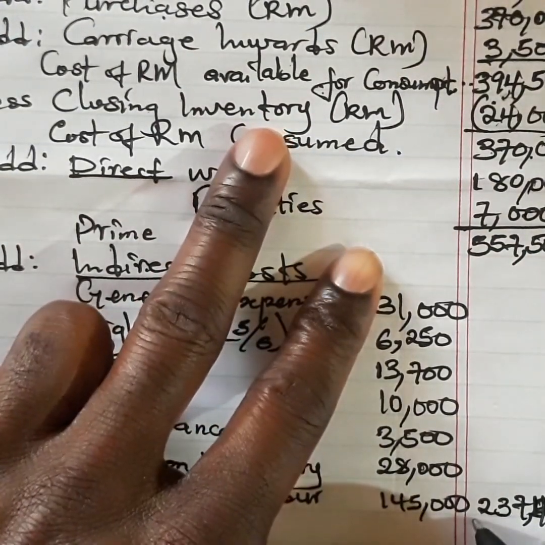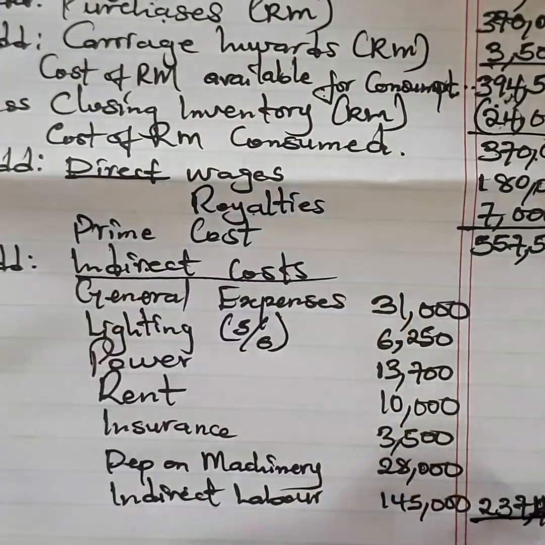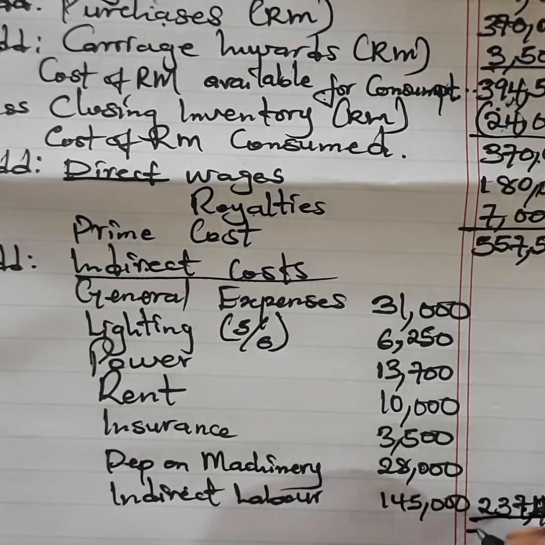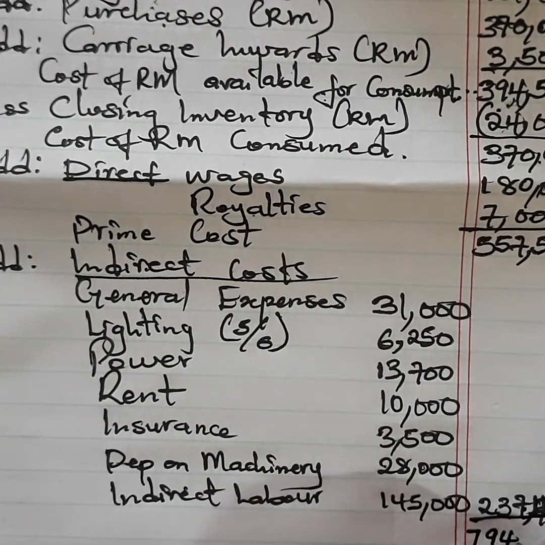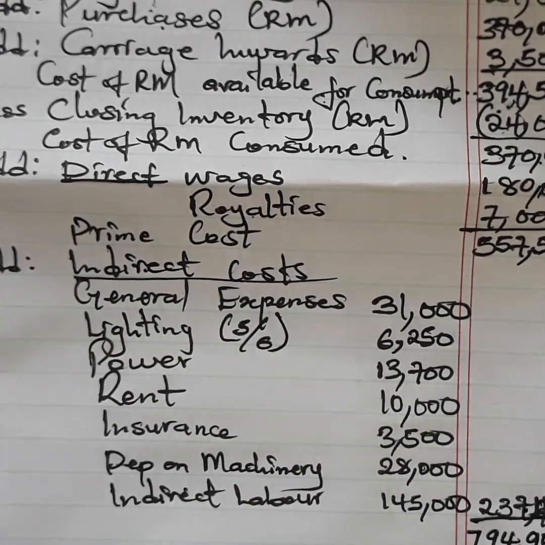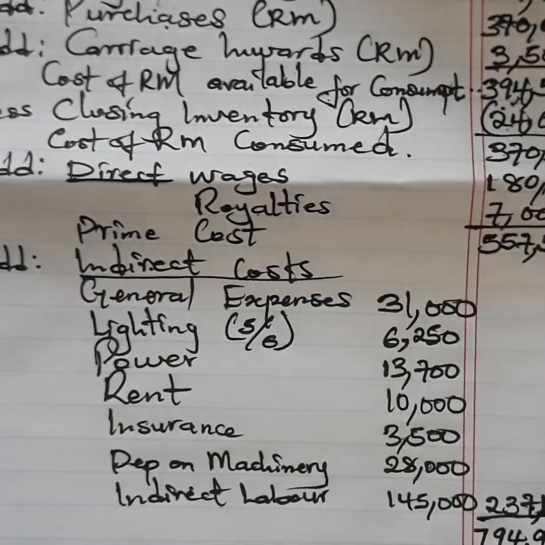So it means we are supposed to add these two to get a value of 794,950. We are now done with the direct cost and the indirect cost.